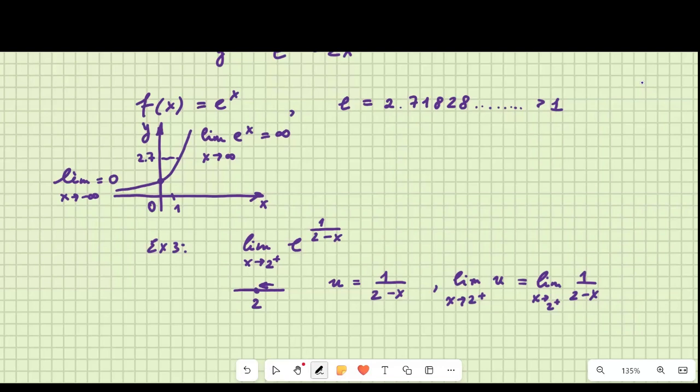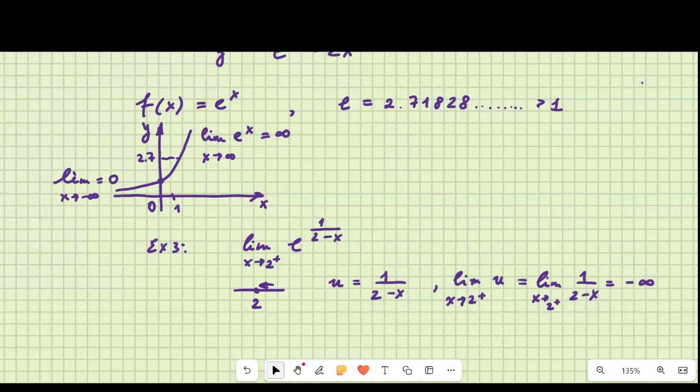And if this negative number is becoming even smaller as we get closer to 2, we are going to have 1 divided by a very tiny negative number, which is going to produce negative infinity, right? Because when we divide a constant by some small number, we get infinity, but when this number is negative, we get negative infinity. So we know that u, when x approaches 2 plus, is going to approach negative infinity.